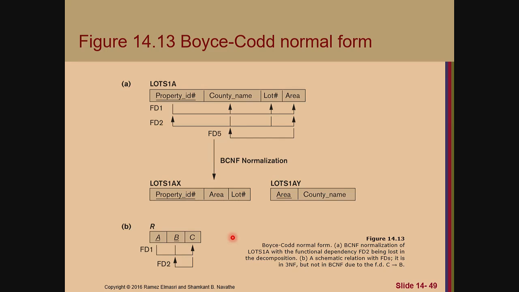We can lose something. When you separate here, lots 1A into lot AX and lot AY, actually here we lose the information of functional dependency number 2. But we can accept that with Boyce-Codd normal form. Okay.